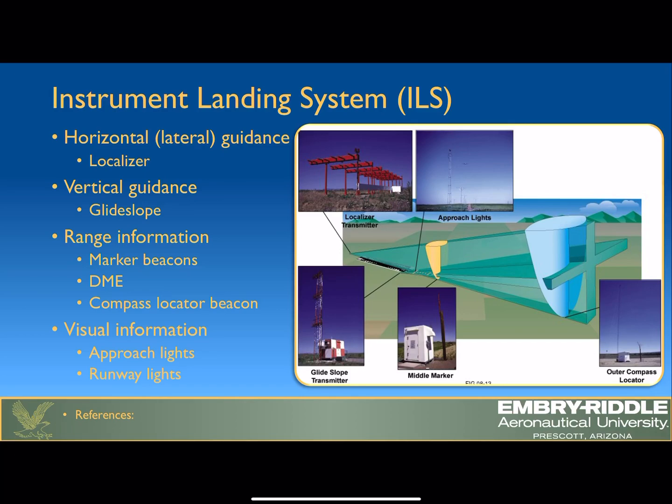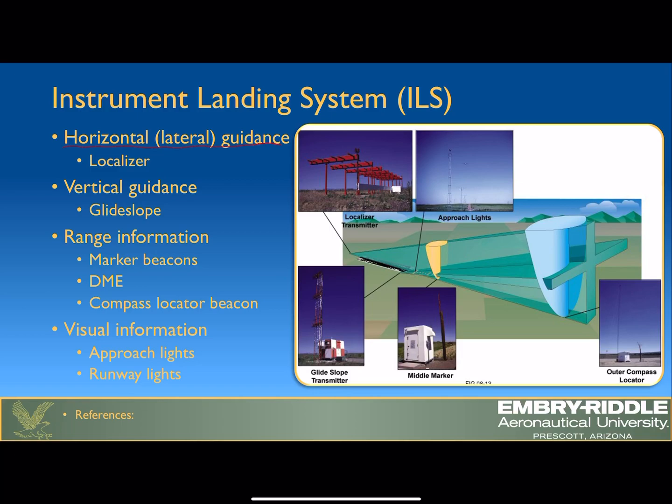You'll notice it's called a system because it's several navigation components that are all working together to give us horizontal and vertical guidance. So what is an instrument landing system composed of? First, remember, we need horizontal guidance as well as vertical guidance.